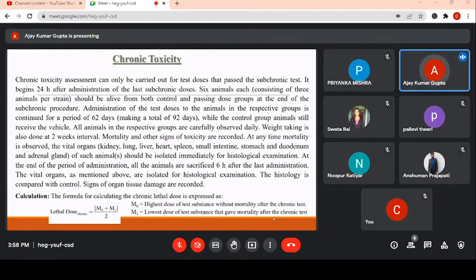The remaining animals become 3, and that is why it is mentioned here, consisting of 3 animals per strain. So purposely 2 animals are already sacrificed in the previous stage of the same test doses, which have been carried forward for the chronic toxicity.